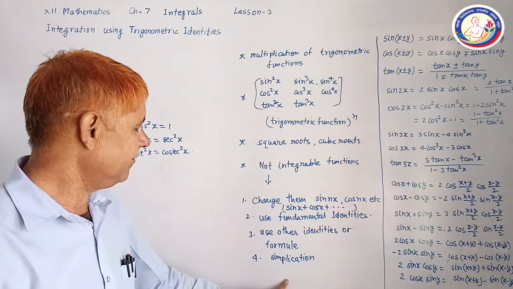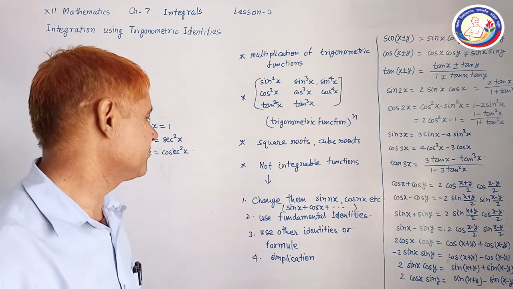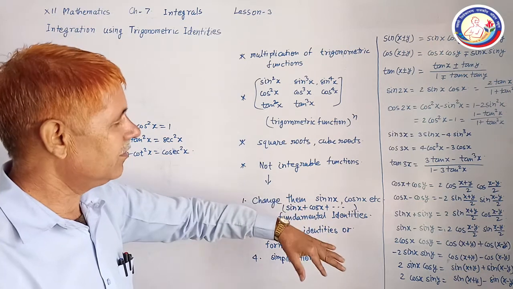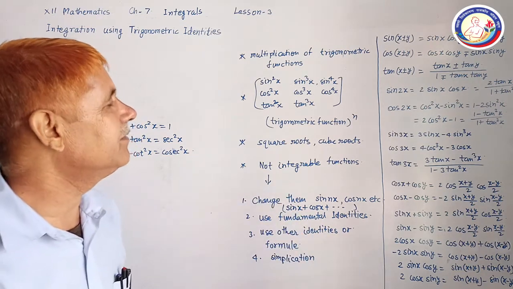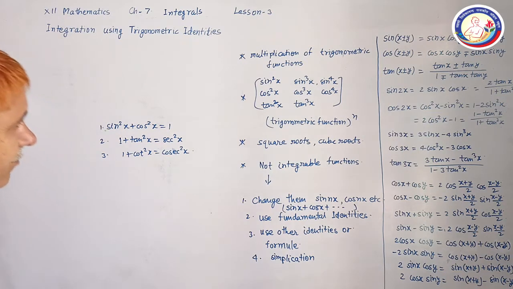And if needed, we simplify at certain steps. So this is our procedure. Or if an alternate method is possible, then we must go for that. So how can we integrate functions using trigonometric identities? Let us see.